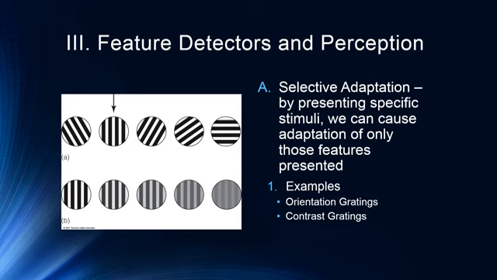So we can cause adaptation of those features presented, and this indicates there are cells responding just to these specific features. This helps provide further evidence for this idea that there are orientation-tuned cells, contrast-tuned cells, etc.